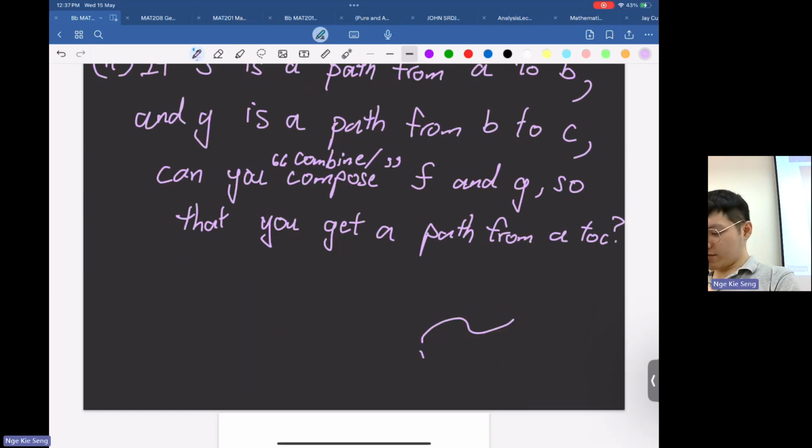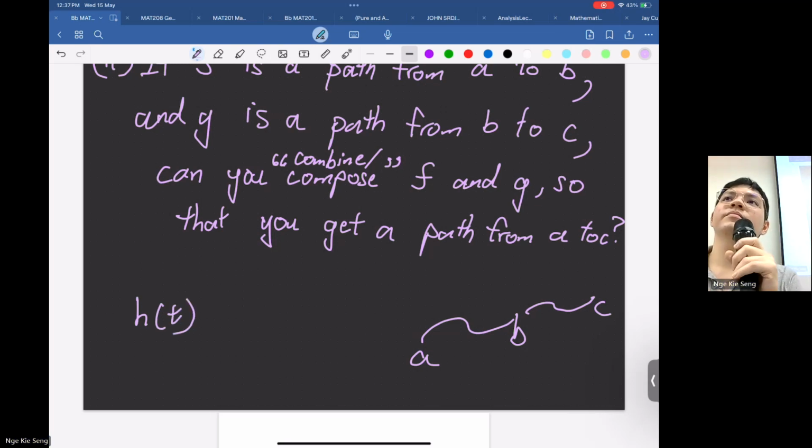Let's say we call this H(t). How do you combine them? Do maybe F(t) first and then do G(t). But how do you do it?